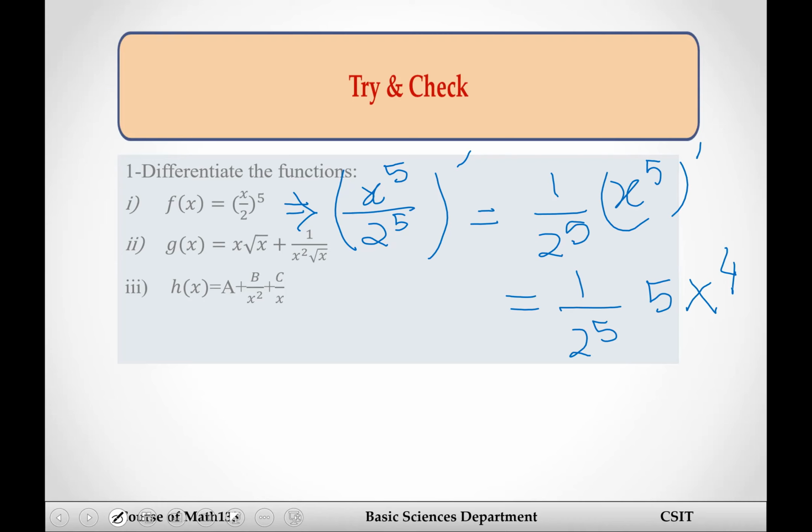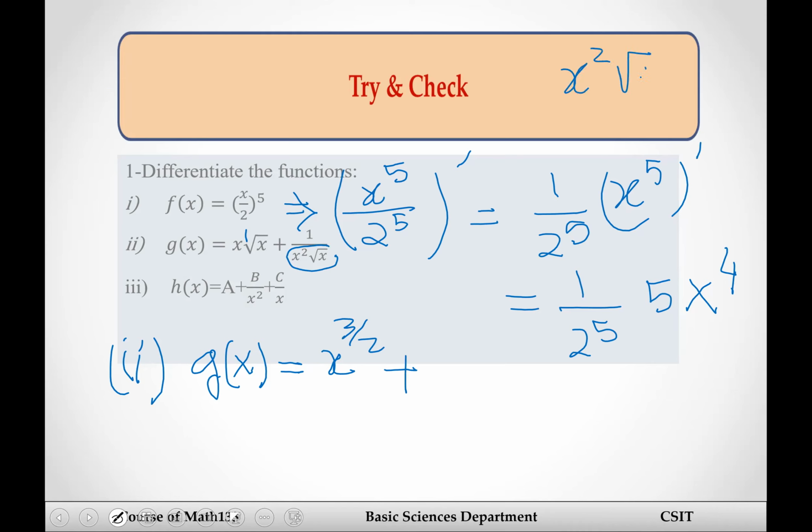Okay, the second function, g prime of x. First, I will transform the function g of x a little bit, so that I make the derivative of g easier. So g of x is equal to x times root x, but this is equal to x^(3/2), because this is power 1, and this is like x^(1/2). So 1 plus a half is 3 over 2. Then the second one, you have x^2 times root x, that means x^2 times x^(1/2).